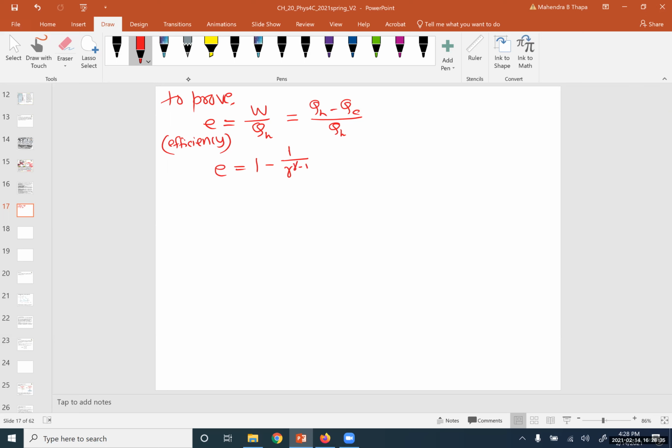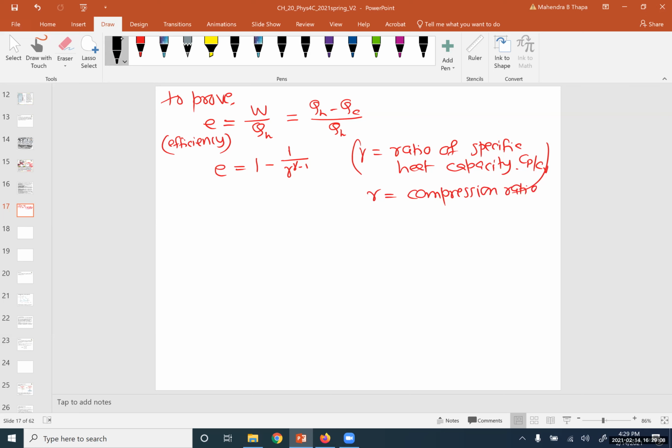Here gamma is the ratio of specific heat capacities, basically Cp over Cv, and this R is called the compression ratio. So our goal is to prove this.